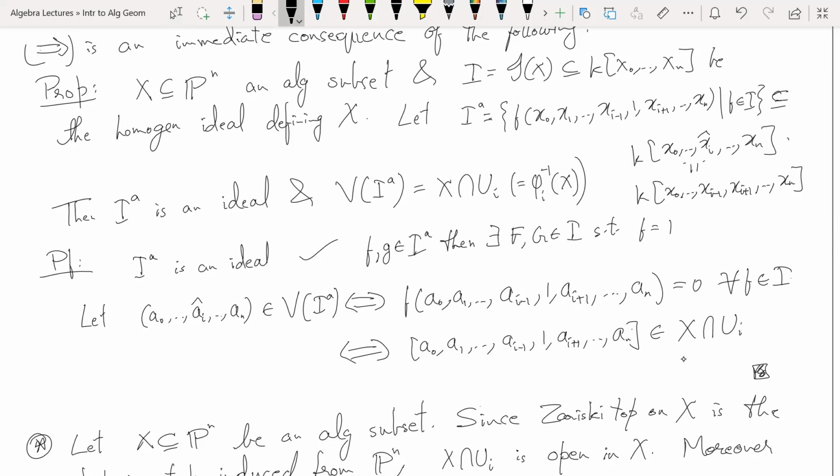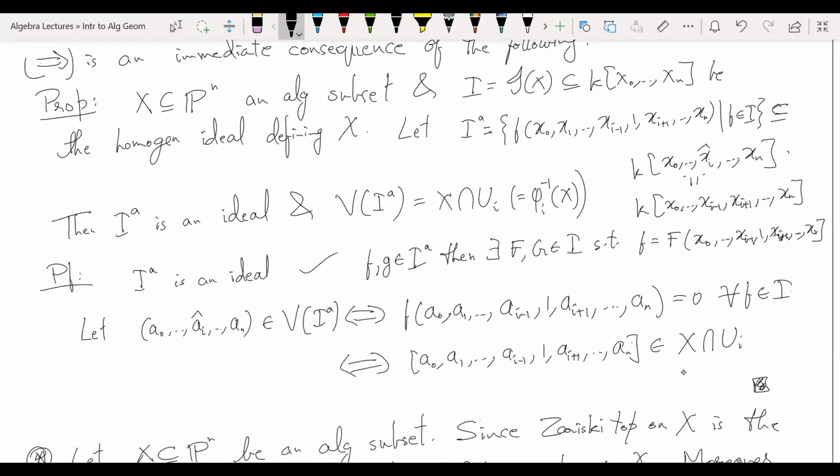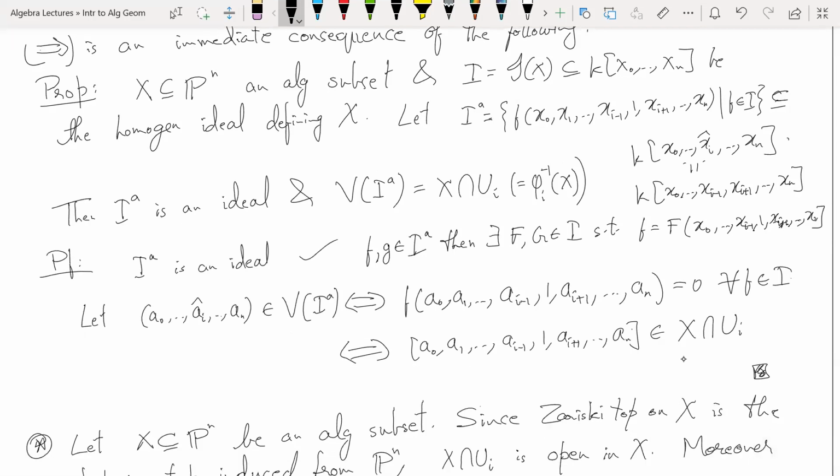such that little f equals F evaluated at x0 to xi-1, 1, xi+1 to xn, and little g is G evaluated at the similar thing, xi+1 to xn.